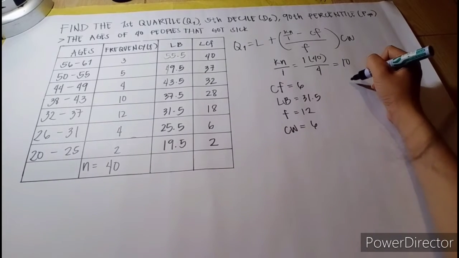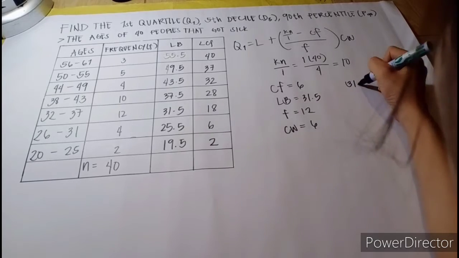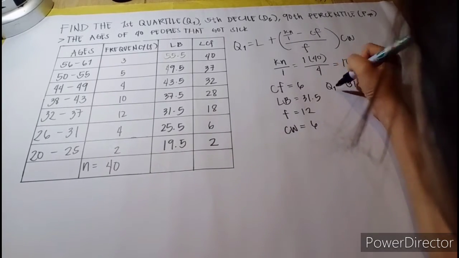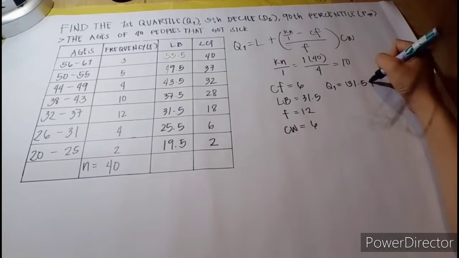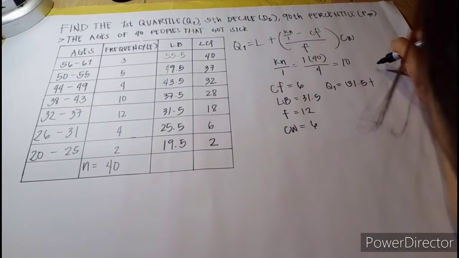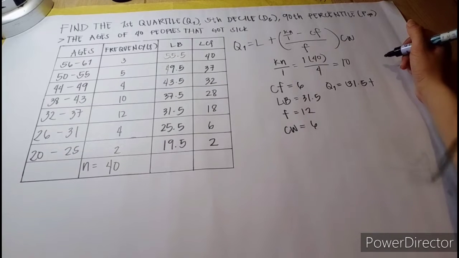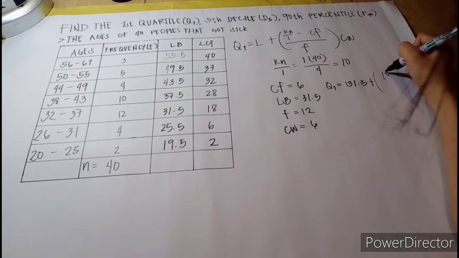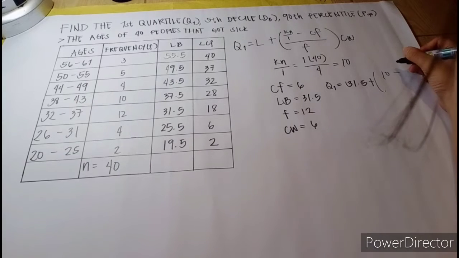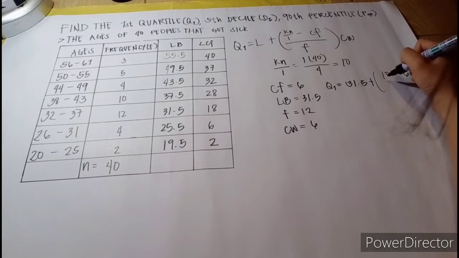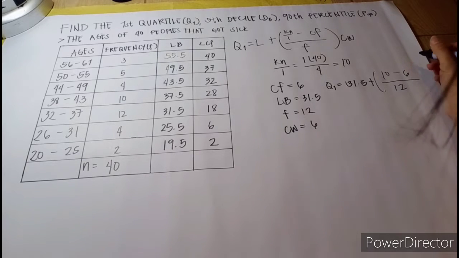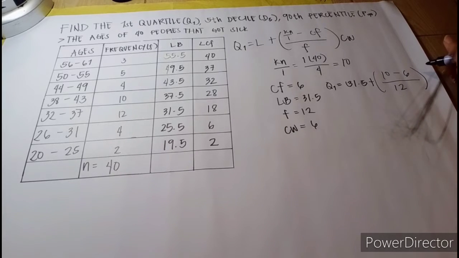So Q1: the lower boundary is 31.5 plus Kn over I, that is 10, minus CF, that is 6, over F, that is 12, times CW, that is 6.